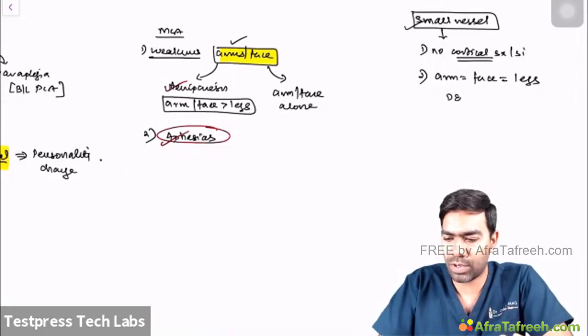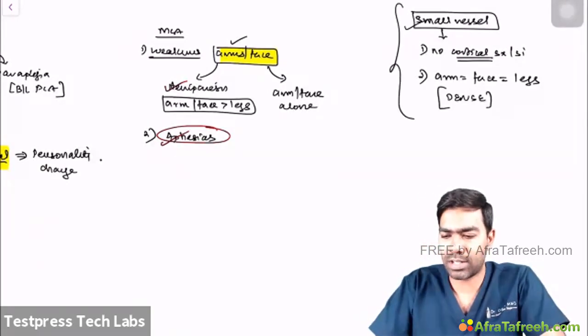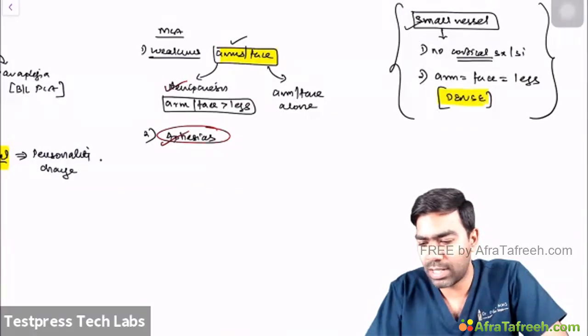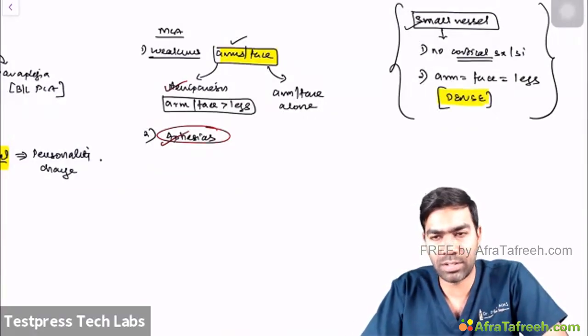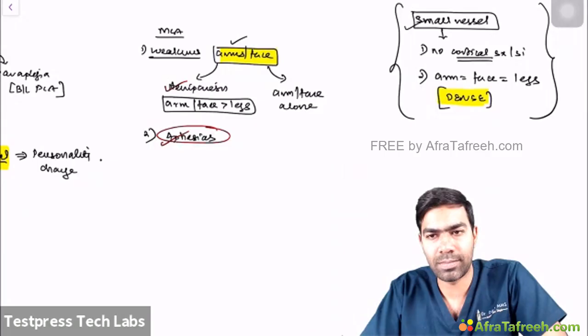And this is what we refer to as a dense hemiparesis. Do you understand? This is how you substantiate that the lesion is in the internal capsule. This is what we really mean by a dense hemiparesis, where there will be no difference to tell that it's a cortical stroke or a large vessel stroke. Do you understand? Yes or no?